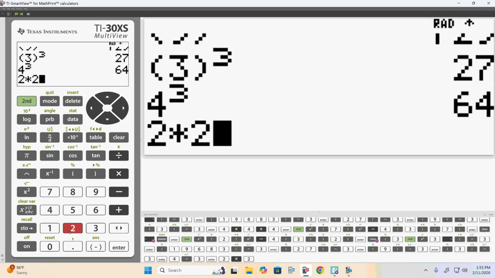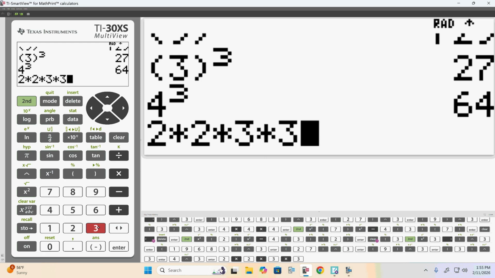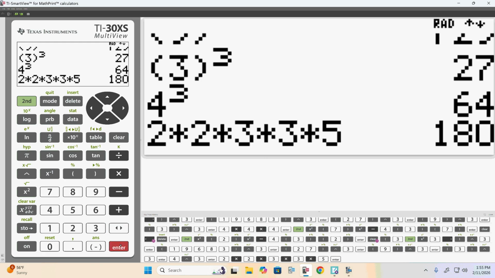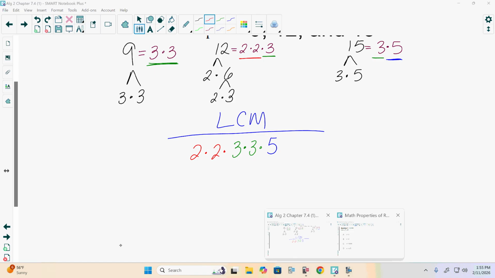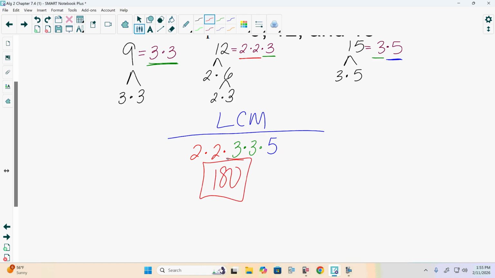We can do it in a calculator. 2 times 2 times 3 times 3 times 5 is 180. That is the least common multiple of 9, 12, and 15. Questions on this here?